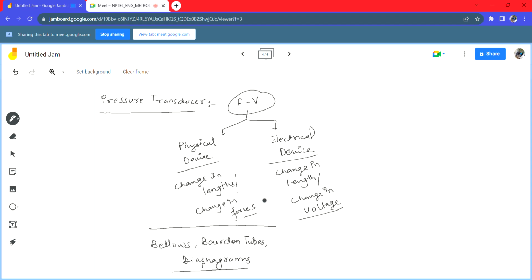And the devices that we are going to read here are resistive, potentiometric, capacitive, and piezoelectric.